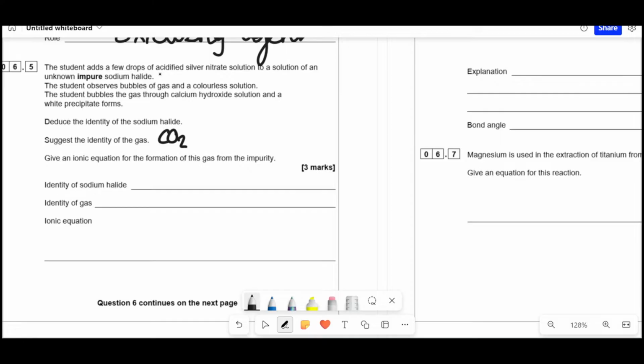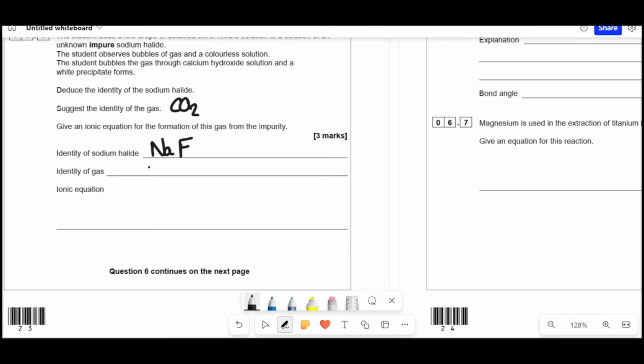So we've got a colorless solution here. If it's a colorless solution, then it can't be a sodium chloride because that makes a white precipitate of AgCl. Can't be bromide because it's cream, and it can't be iodide because it's yellow. So it's got to be fluoride. So the sodium halide has to be NaF because it's still reacting, but there's no precipitate made, and that's the only one that doesn't make a precipitate.